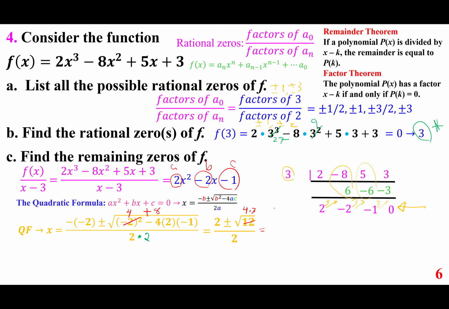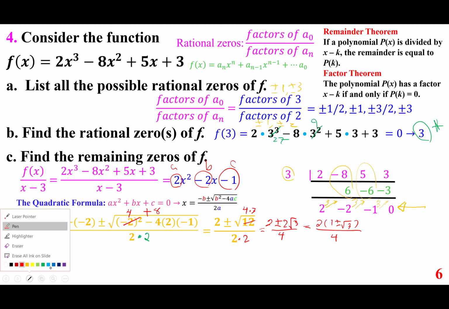So we are dealing with 2 plus minus 2 square root of 3 divided by 4. And we can factor the 2 out. And so we get this one.